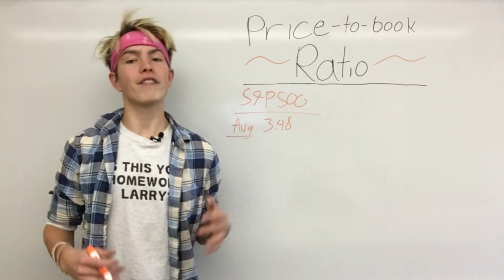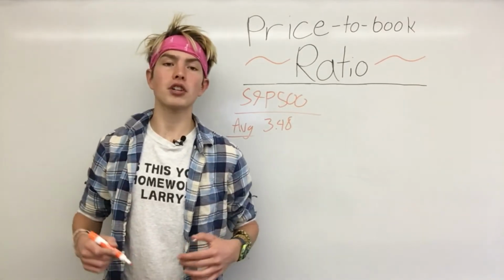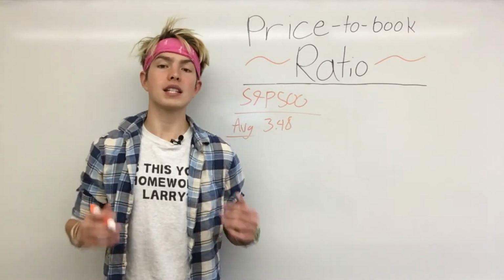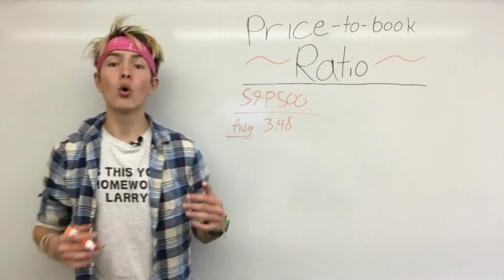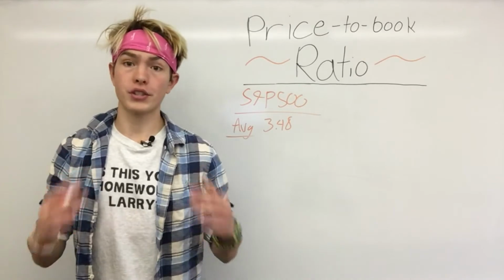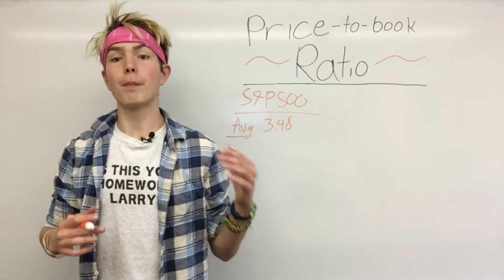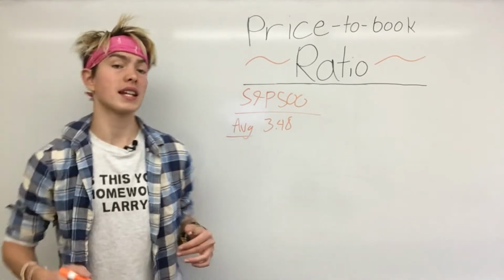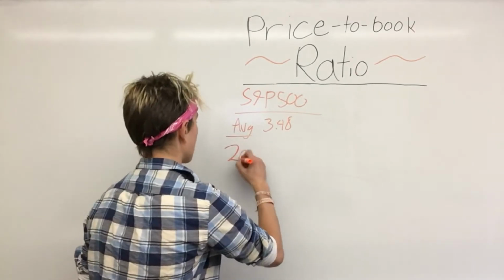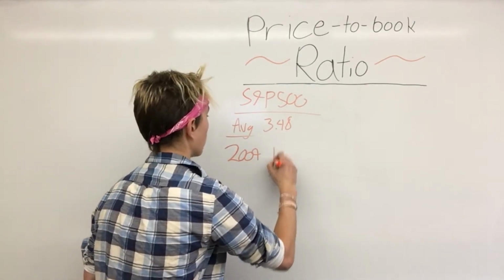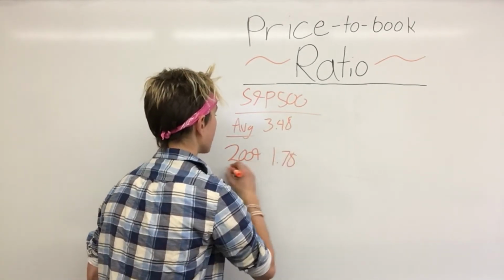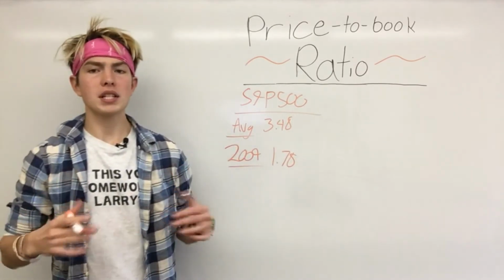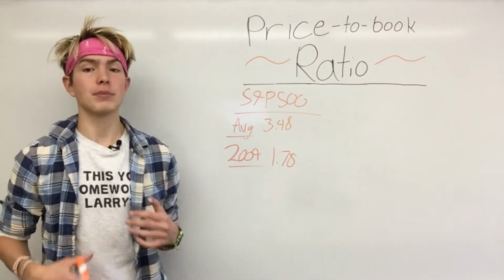We've got about a 3.5 for the S&P 500, and that has been steadily climbing since about March of 2009, when, as you'll recall, the Great Recession happened. At the bottom of that, in 2009, we were sitting at about a 1.78 price to book ratio for the S&P 500.